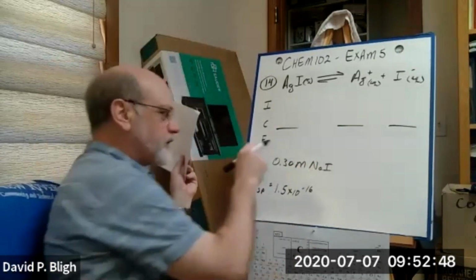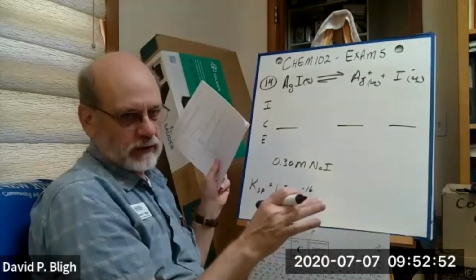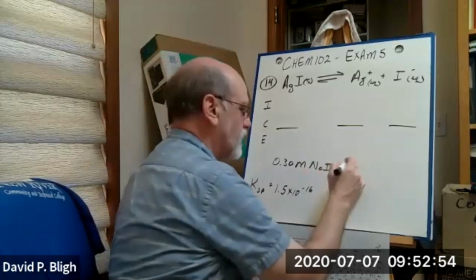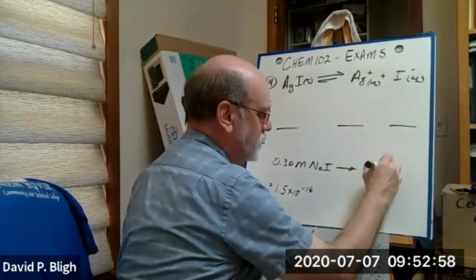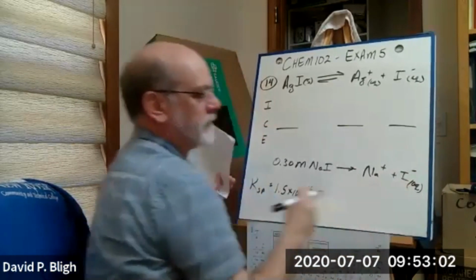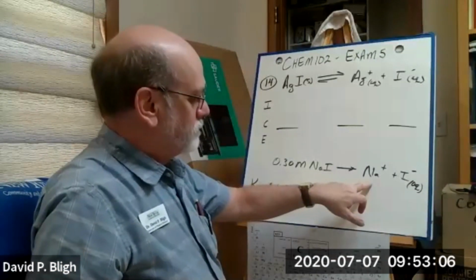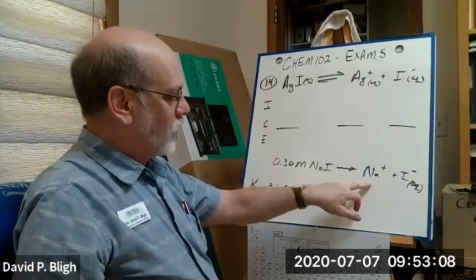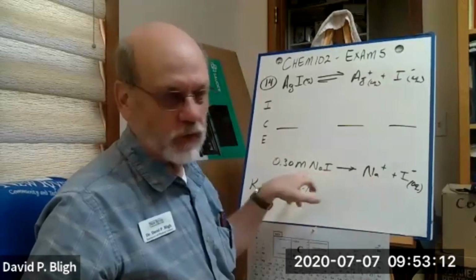Okay, so what does sodium iodide do in solution? All sodium salts are soluble. So it produces nothing but this and that in solution. Well, you look at what sodium can react with. Well, the only thing it can react with is iodide, and we already showed that it doesn't form a solid.